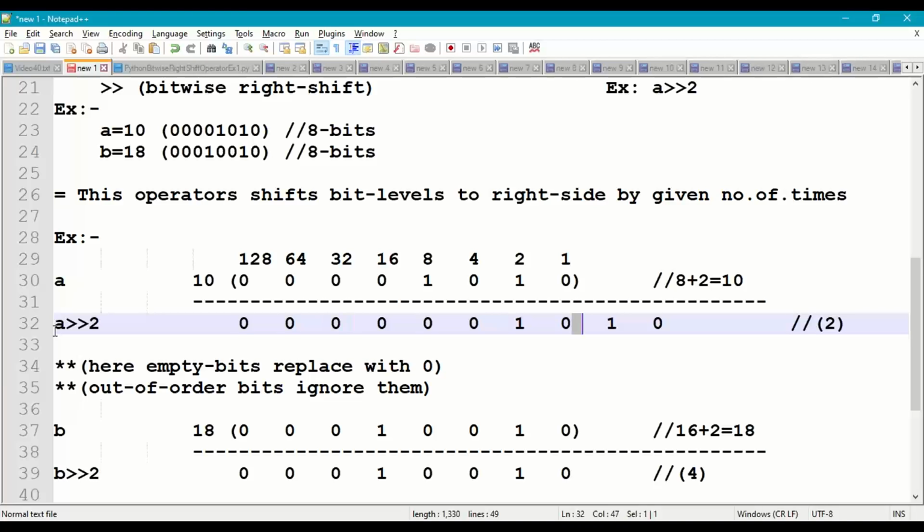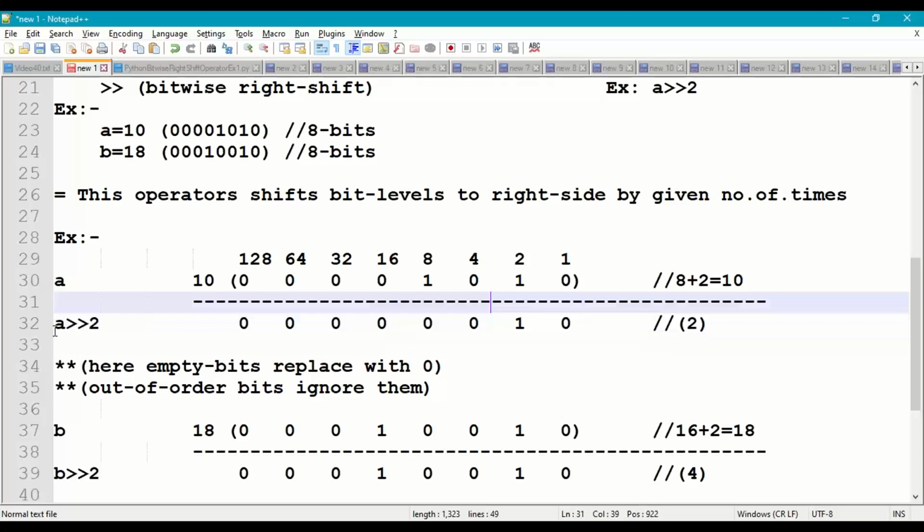And 2 bits are moving out on the right side. Ignore them. Now sum up the values of the 1s. We have only one 1 here, and its corresponding value is 2. So 10 right shift of 2, the answer is 2.